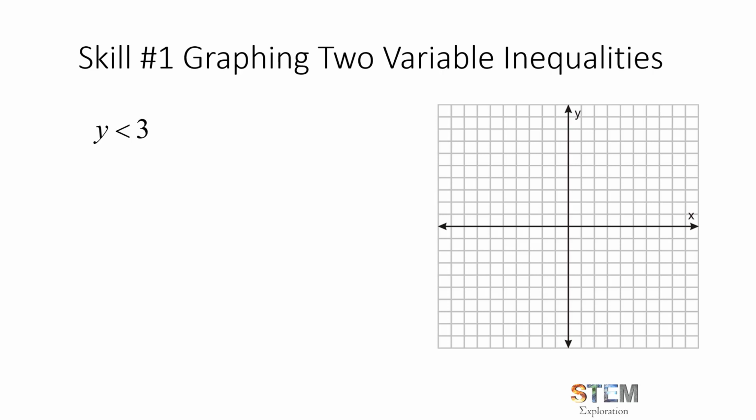One thing I want to point out is that whenever we're looking at two variable inequalities, the first thing I typically like to do when I'm trying to graph something like this is to set it up just like a normal equation, just temporarily. So take something like y is less than 3. Just temporarily think y equals 3.